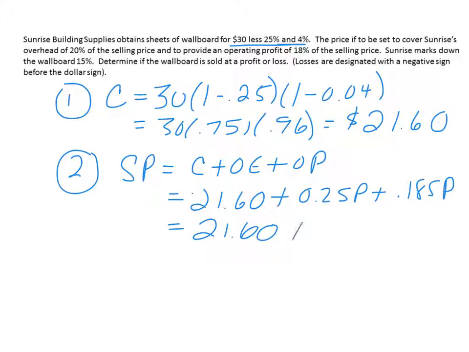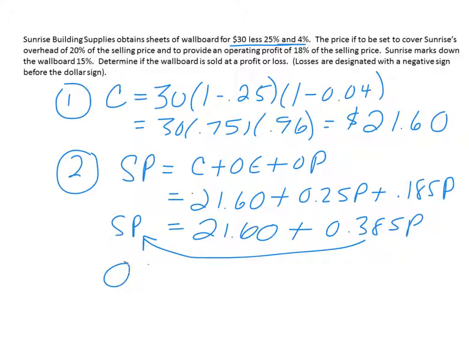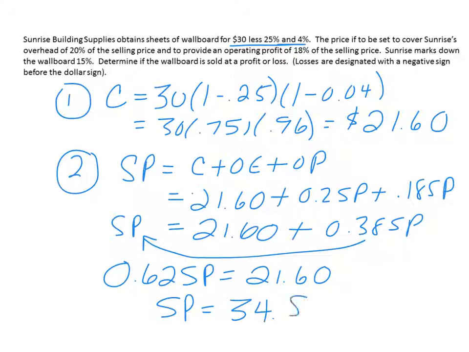So it's $21.60 plus 0.38 SP. And we know what's going to happen with that 0.38. It'll come over here and it'll leave us with 0.62 SP is equal to $21.60. We divide both sides by 0.62. That'll leave us with a regular selling price of $34.84.